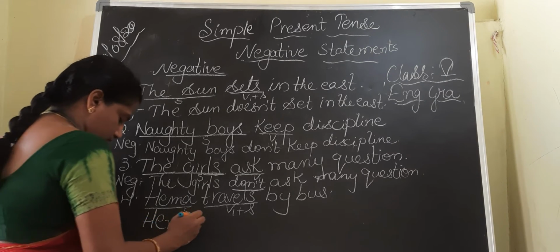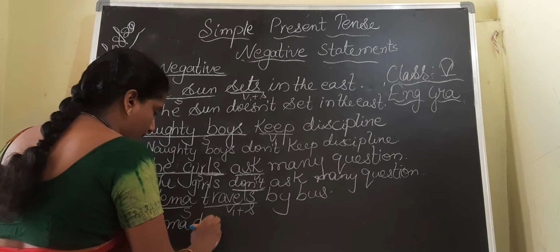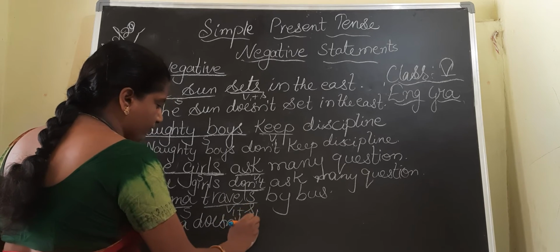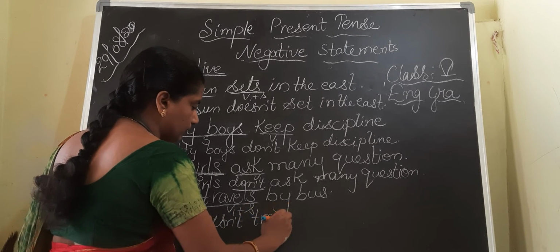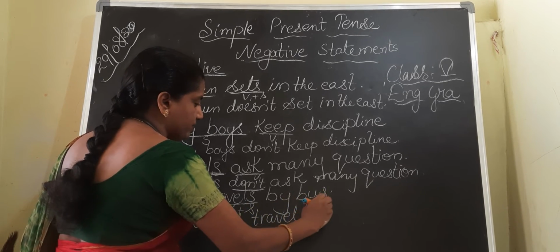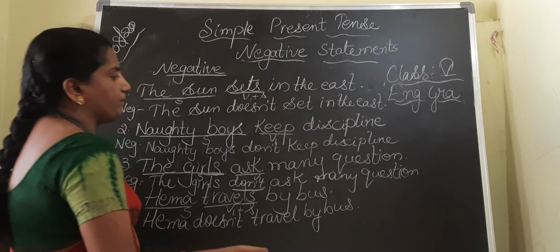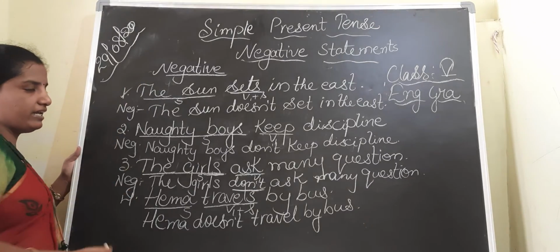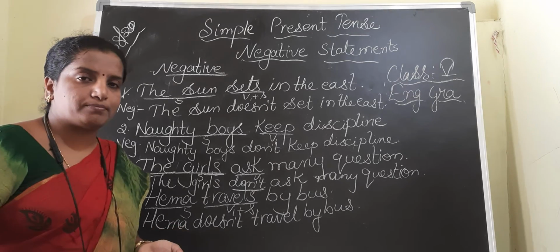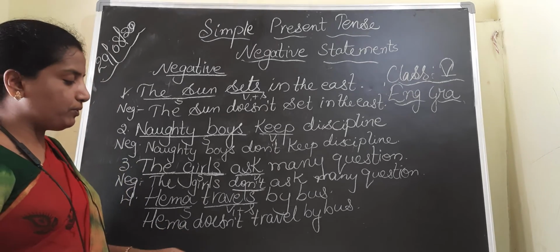Hema doesn't travel by bus. In this way, we have completed how to write the negative form when there is a singular subject and when there is a plural subject.